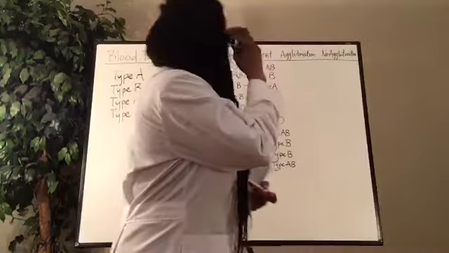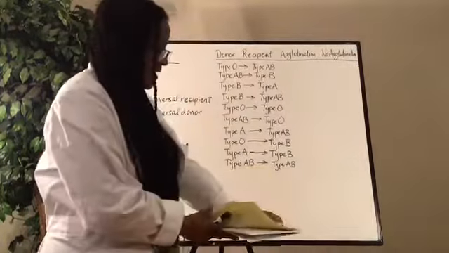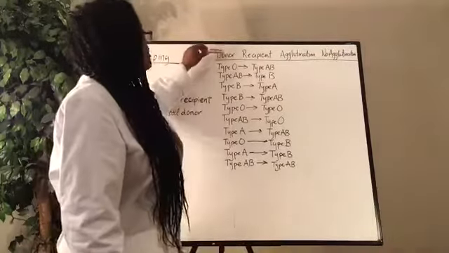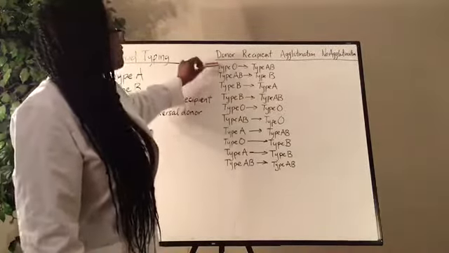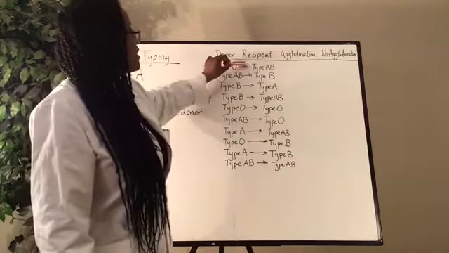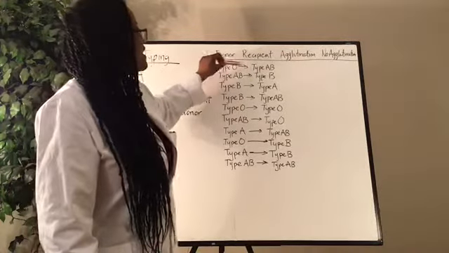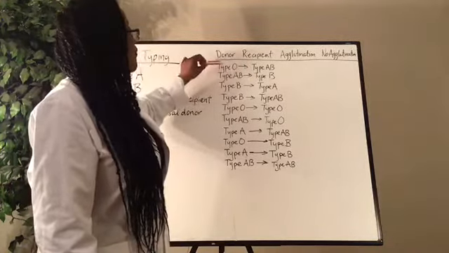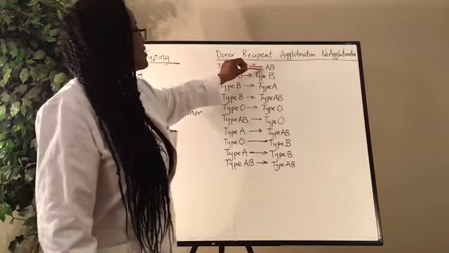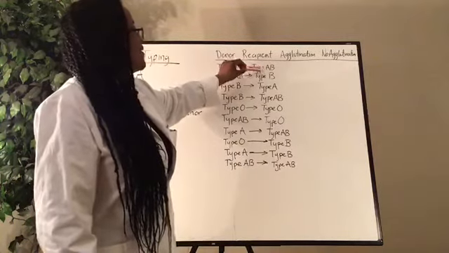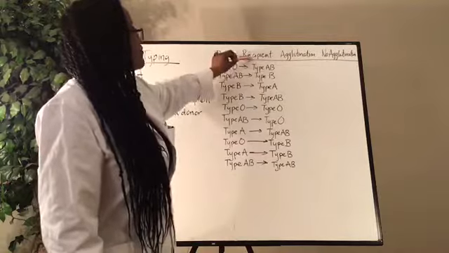Here I have drawn a sketch of the donors over here. You can see the line going this way, which shows that the type on the far left will be donating to the person on the right side, the recipient.